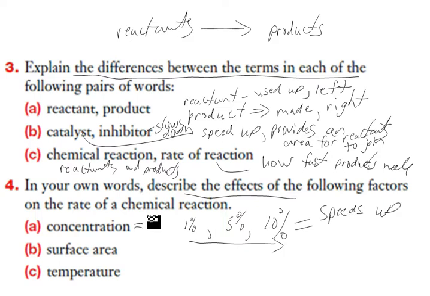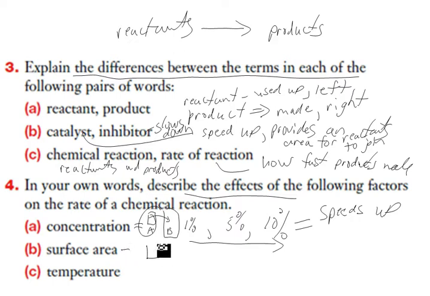For example, if we have reactant A and we just have a little bit, and we have a whole bunch, a high concentration of B, then when A reacts with B, once we run out of A, the reaction stops. But having lots of B or lots of A means they'll collide faster.